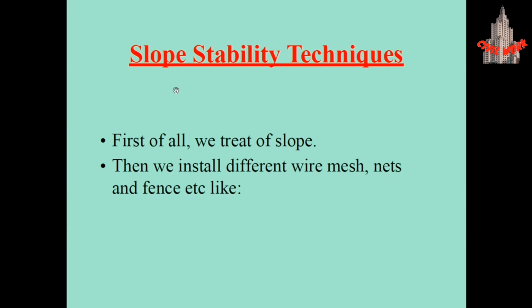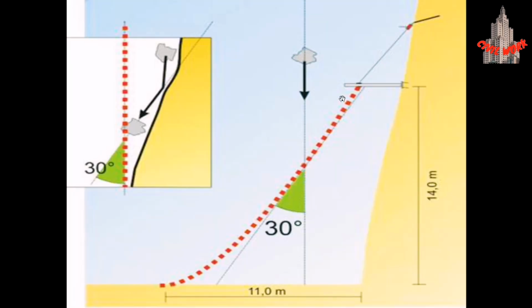Then we have the slope stability techniques. First of all, we treat the slope. How do we treat a slope? We install different wire mesh nets and fences like this. We have made a practical, if we drop a stone. Then we have a practical which shows that if a rock falls at an angle of 30 degrees, it will fall like this.